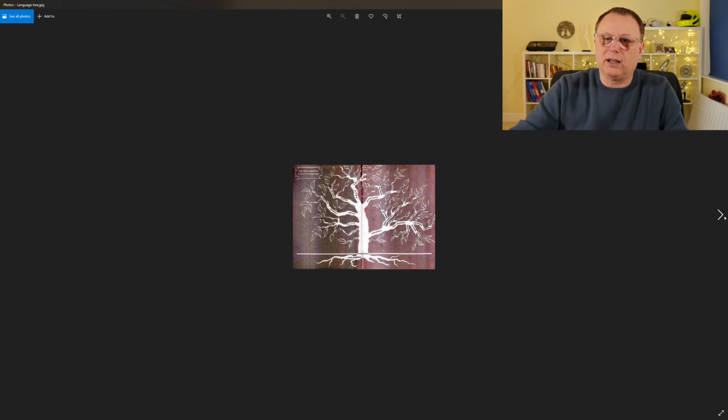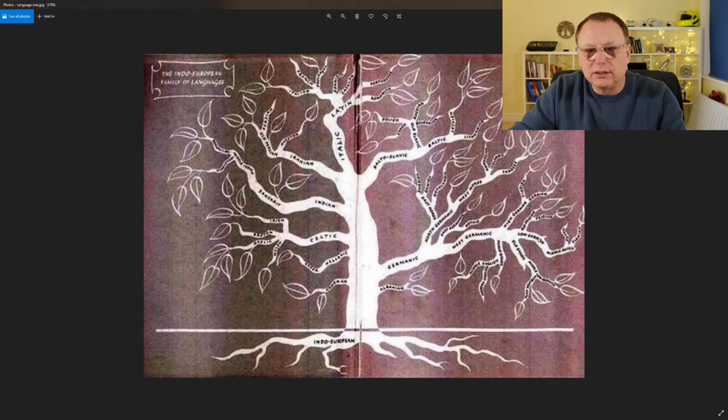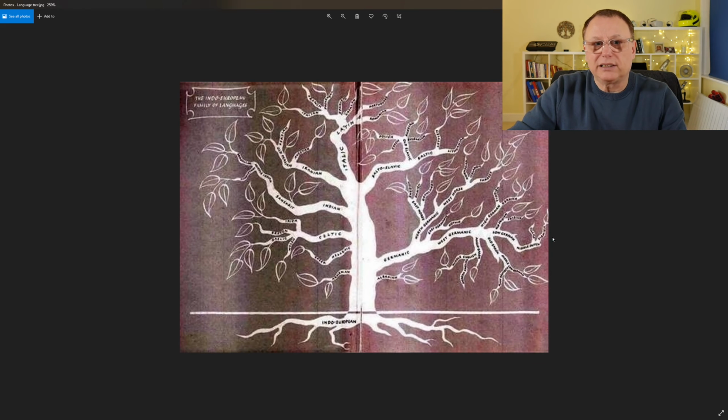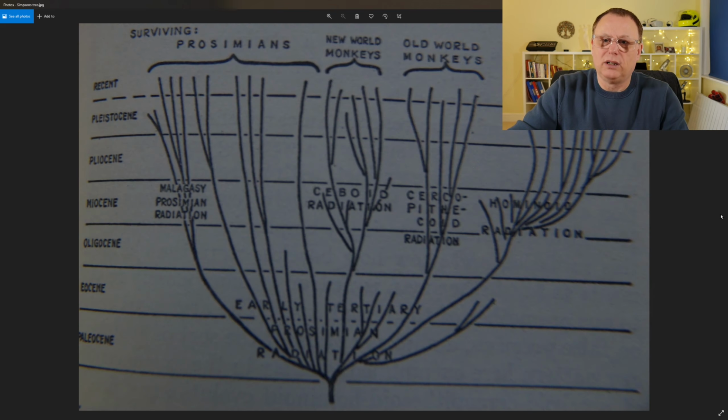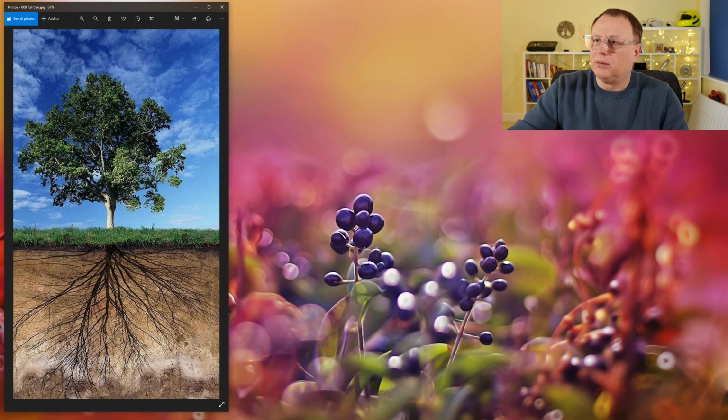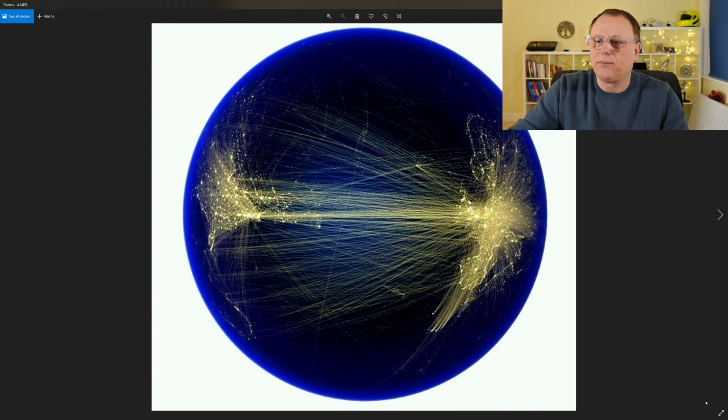I'm going to get back to that. This is a language map of all the different languages in Europe. This is an evolutionary tree. Here it is, this is what I was looking for.